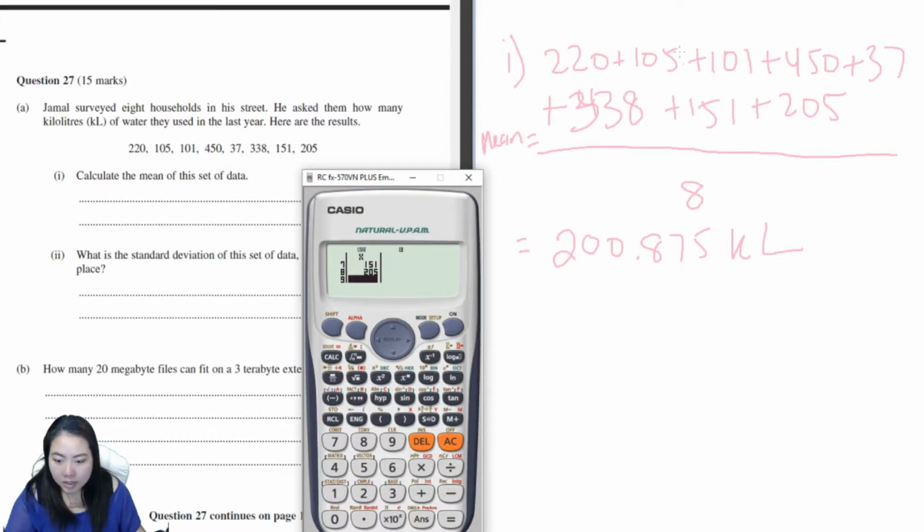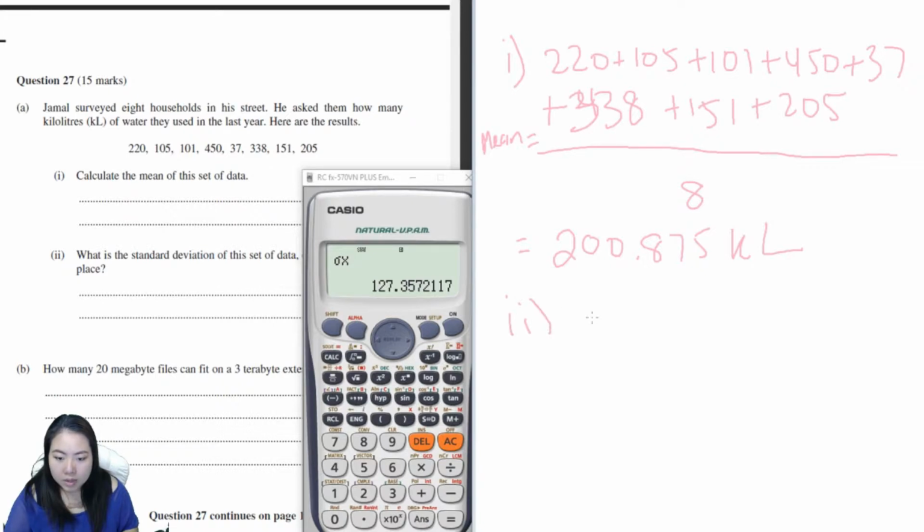Once you've entered it in, you press AC, then shift and stat, so shift 1, and you want variance, and you want the standard deviation, which is number 3. Press equal, that's your standard deviation.